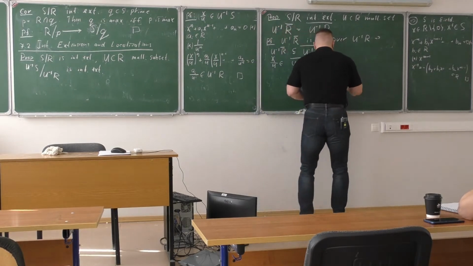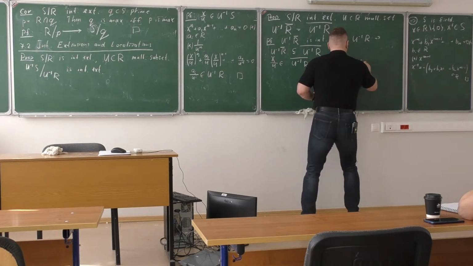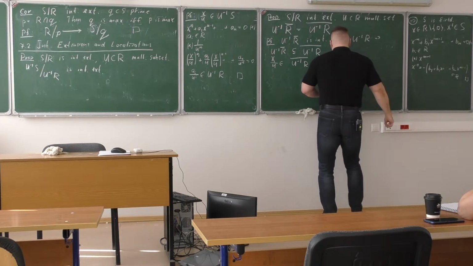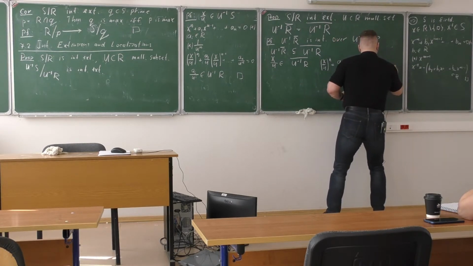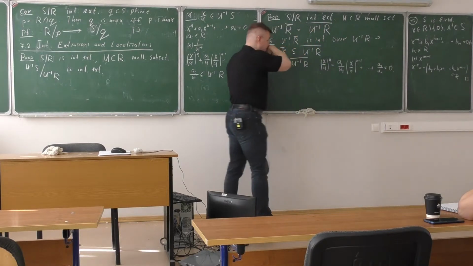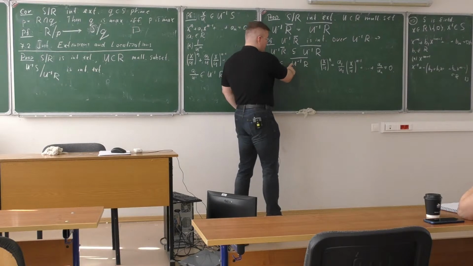So let me write this as a1 over u1, times (x/u)^(n-1), plus etc., up to the last coefficient, which is an over some un. So I have such integral dependence, and all the coefficients are in u inverse R.